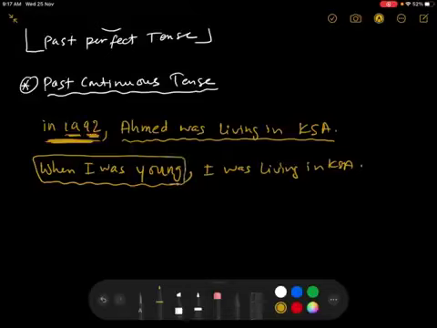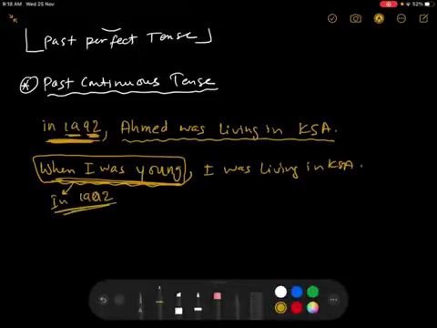Again, this is a point of time in the past, when I was young. For example, when were you young? In 1992. So when I was young, I was living in KSA. So this is the point of time in the past.